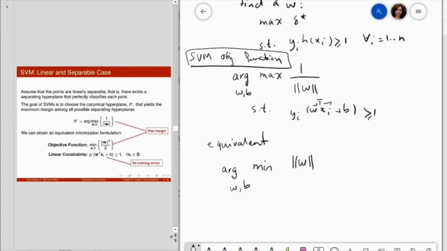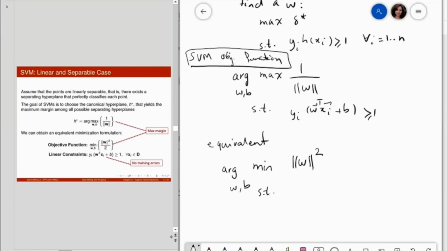Also, we can have an equivalence if we minimize norm of W squared, right? The W that minimizes norm of W is the same W that minimizes the norm of W squared. The reason we square this is just to have an easier, convex quadratic optimization. Okay, so this is just to make our optimization easier.